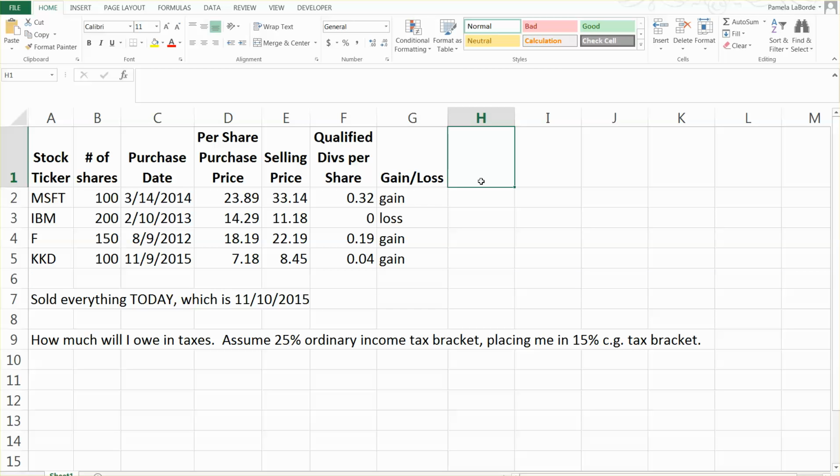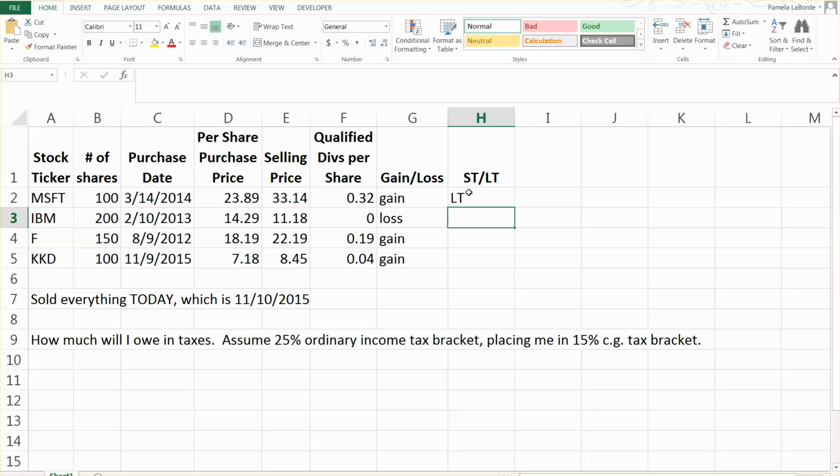And then I also need to classify this gain or loss as short term or long term. What determines whether it's short term or long term is whether I held the shares for at least a year. So my shares of Microsoft, I bought them in March of 14, sold them in November of 15, so that's more than a year, long term.